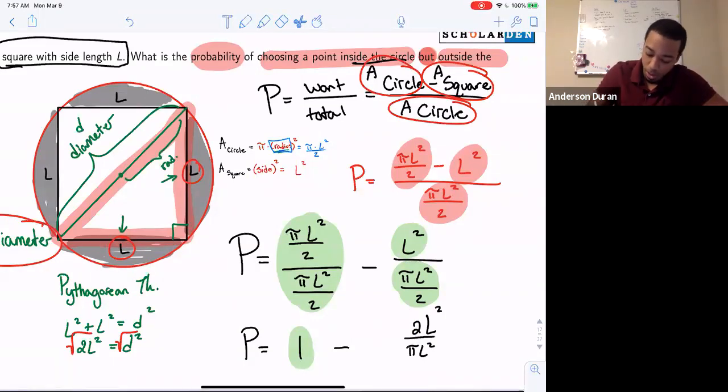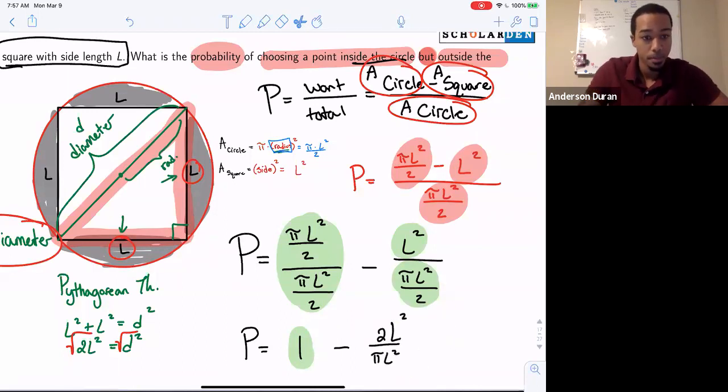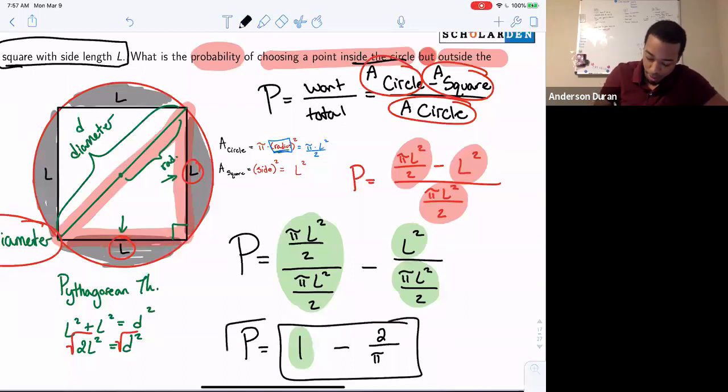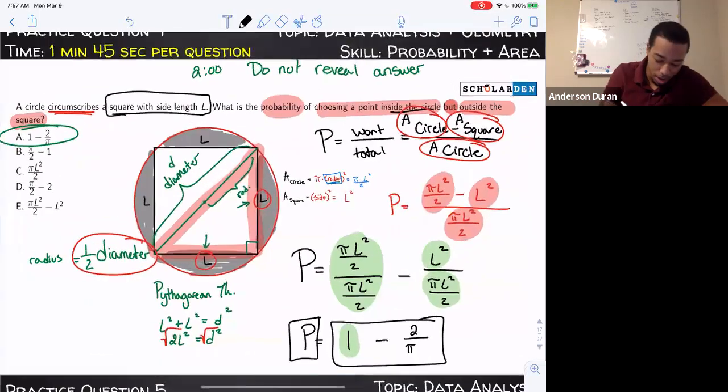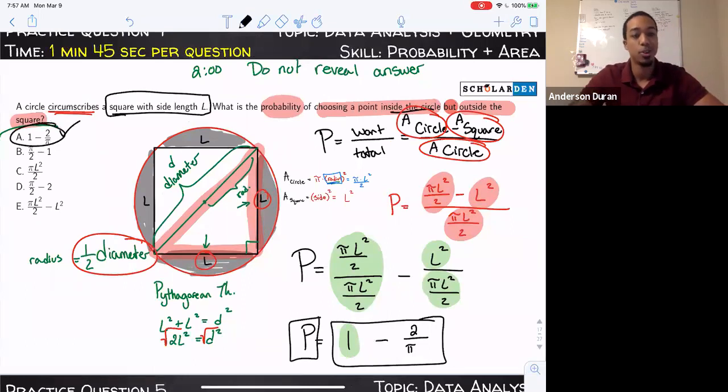Help me out, everybody. What's going to cancel with that fraction? Exactly. The L squared is going to cancel. Therefore, we will erase the L squared, leaving us with 1 minus 2 over pi. That is my probability. That's exactly what I was looking for earlier. 1 minus 2 over pi. And there we are. That was the answer that we chose.